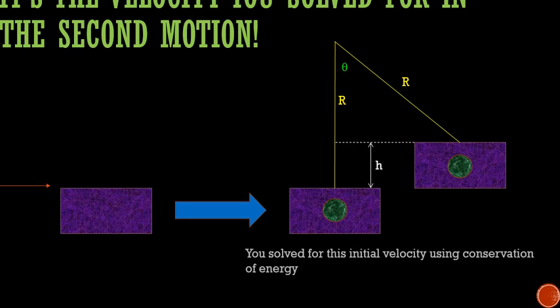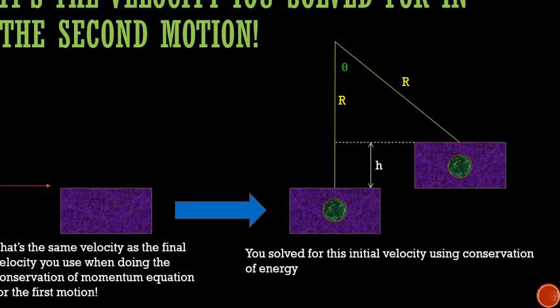And we solved for this initial velocity using the conservation of energy. And that's the same velocity as the final velocity you use when doing the conservation of momentum equation for the first motion. Remember, the initial momenta is the ball by itself and the block by itself, and the final momentum is the block with the ball inside, which also happens to be the initial velocity for the second motion.